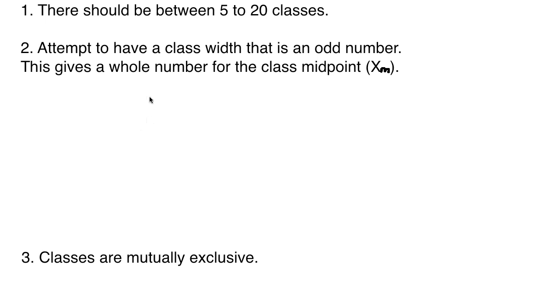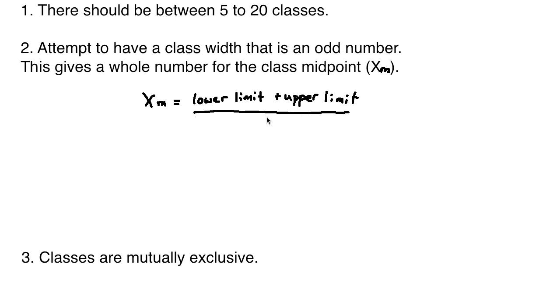Now, the way that you would technically calculate XM, which is the midpoint of that particular class limit, is that you would take the lower limit, and then you would also add the upper limit, and then because we're looking for the midpoint from those two, you would divide this value that you get by adding them together by 2. And that should give you your XM.